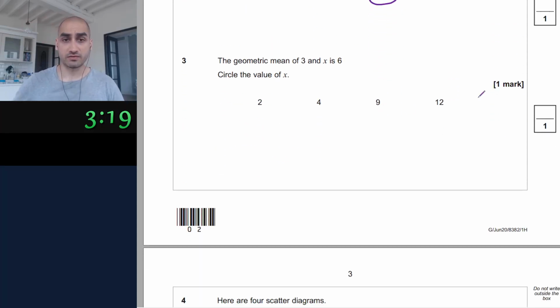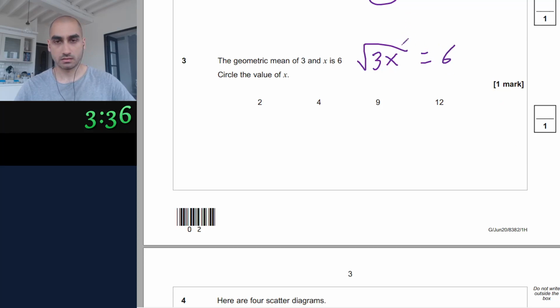The geometric mean of 3 and x is 6. What's geometric mean again? It's 3 times x, square rooted, equals 6. So 3x equals 36. So x equals 12.